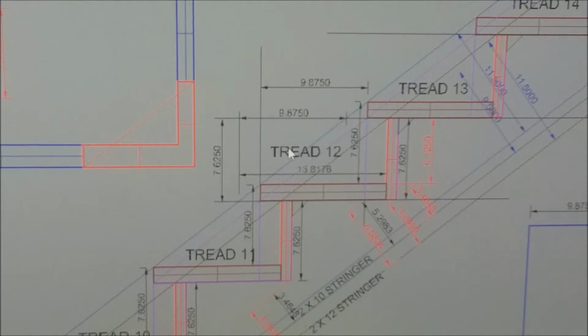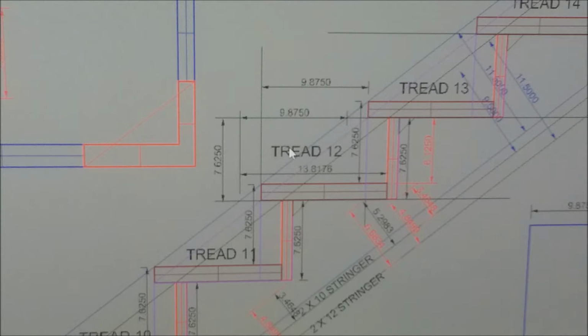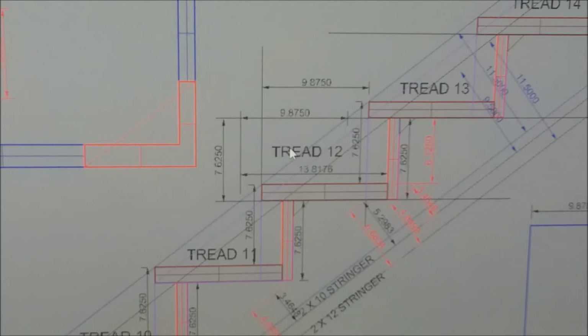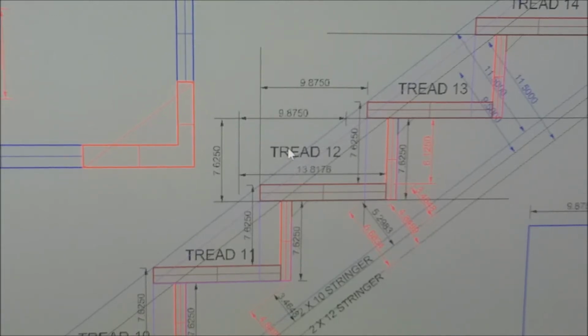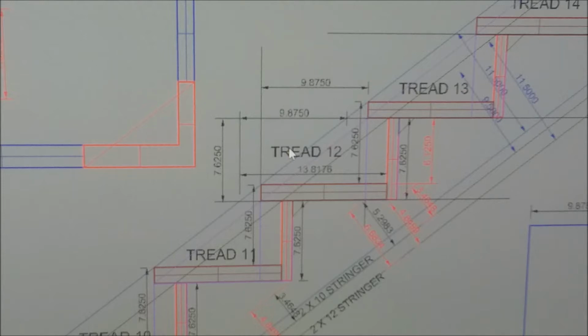The total rise is not negotiable, but the individual rises are. I think the maximum that they'll pass is 7 3/4 of an inch rise to rise. But once you get past about 3 stair treads, it gets easier and easier. You've got more to divide the error from your guess, and it comes down to a really small number. And we're going to talk about 2 or 3 different ways that you can lay these stairs out.